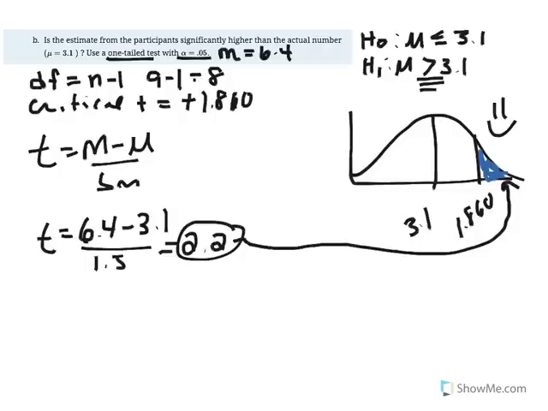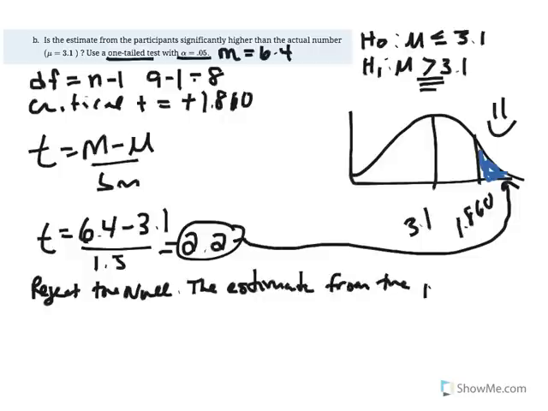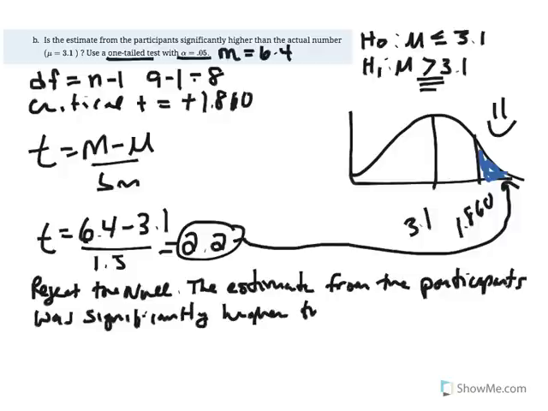And in this case, we would conclude that we get to reject the null and conclude that the estimate from the participants was significantly higher than the actual number.